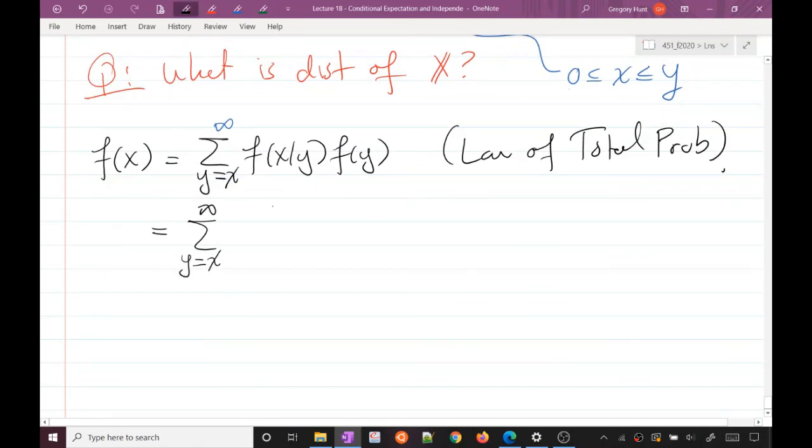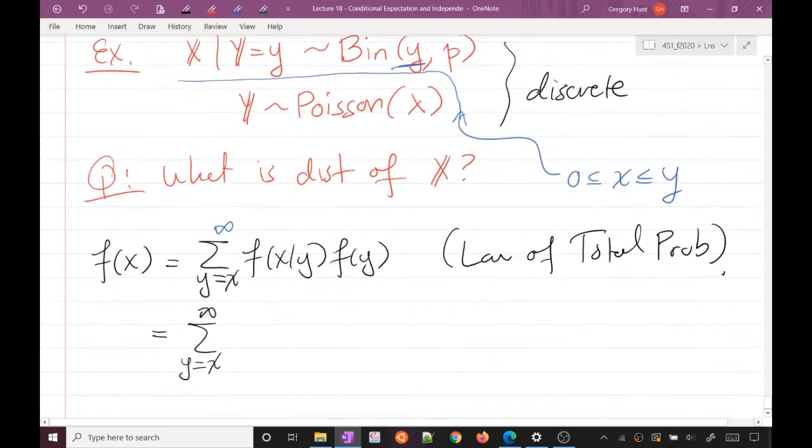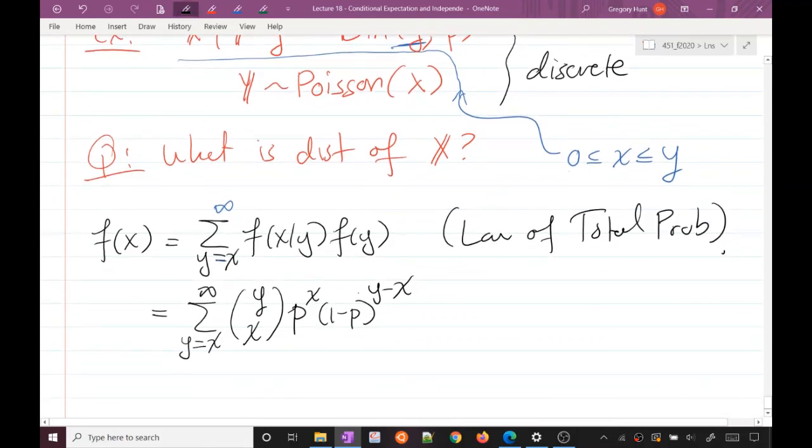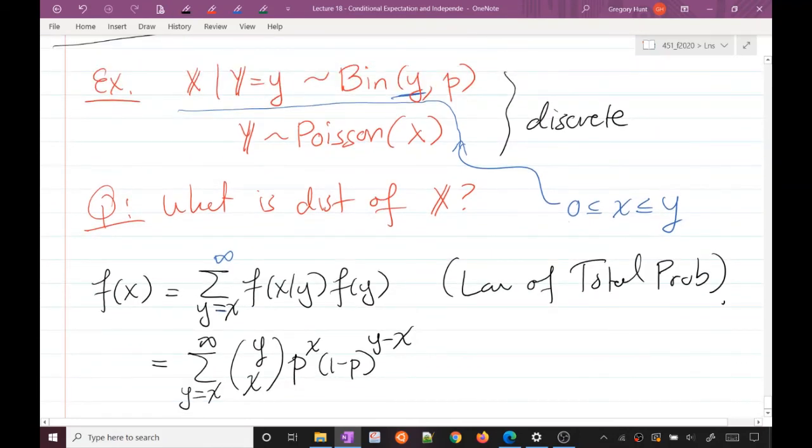Okay. And then we plug in what we have. F of x given y is a binomial y, p. So it's y choose x, p to the x, 1 minus p to the y minus x. Normally you'd write n instead of y, but in this case, what normally we call n is y.